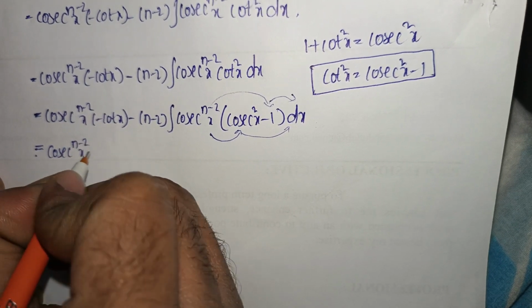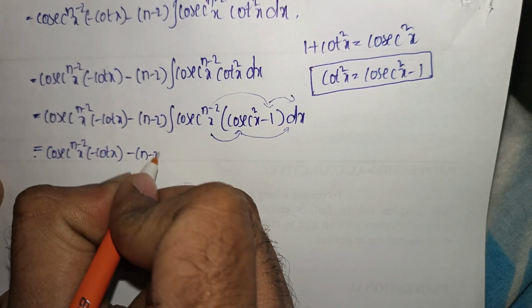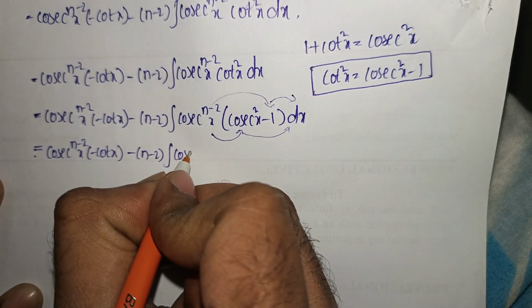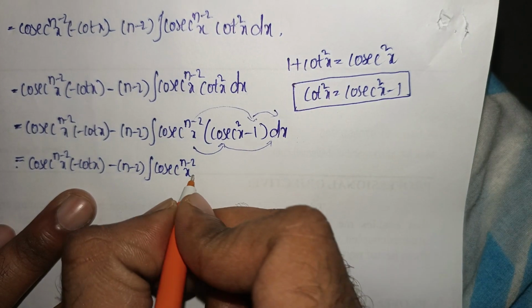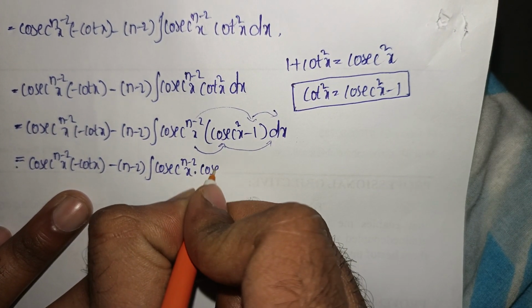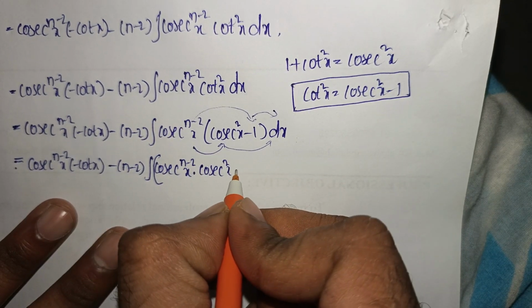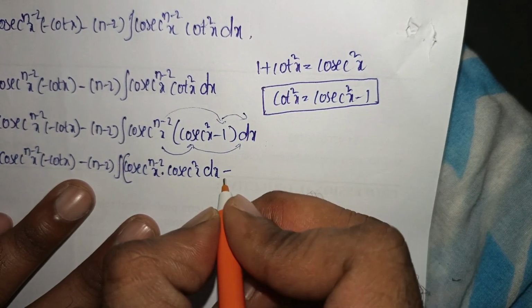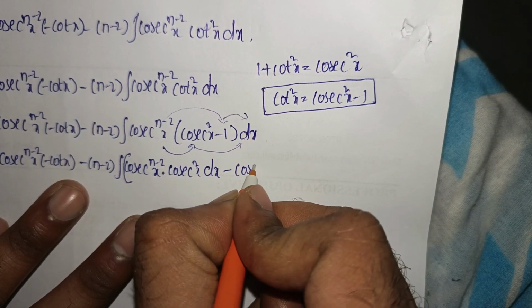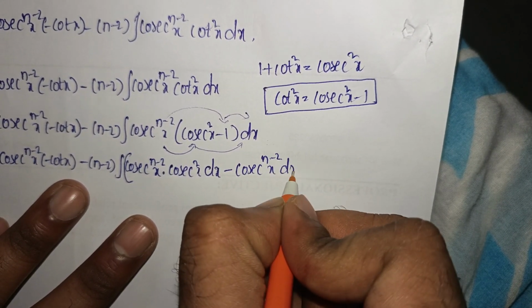Cosecant n minus 2 x minus cot x minus of n minus 2 integration of cosecant n minus 2 x into cosecant square x, taking the whole term in the brackets, dx minus cosecant to the power of n minus 2 x dx.